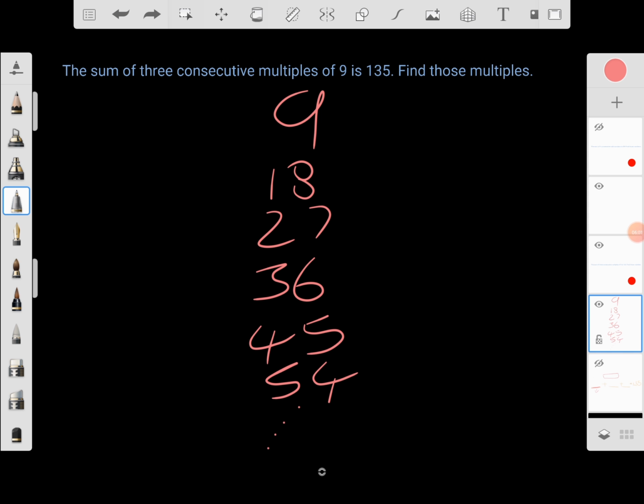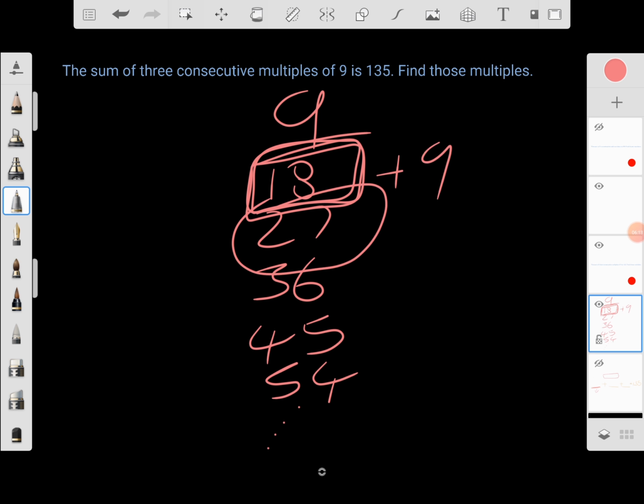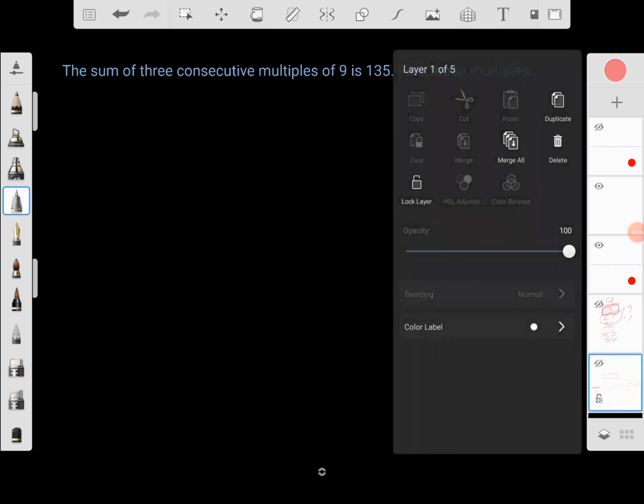Suppose this is one number. How to get 27? Just add 9 to 18: 18 plus 9 is 27. Now suppose I know 27, how to get the next number? Add 9 to it. You get 36. So basically that is the meaning of multiplication. You just add the number 9 and you get the next number. Using the same concept, let us come back to our question.